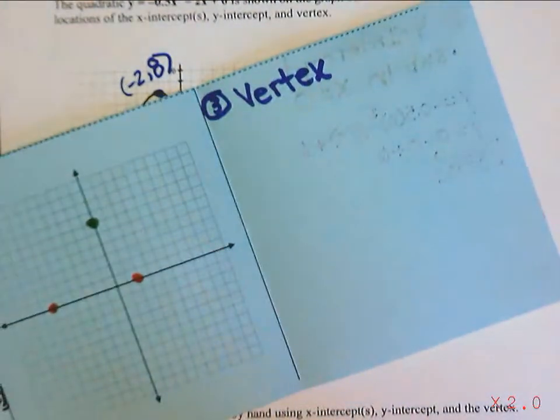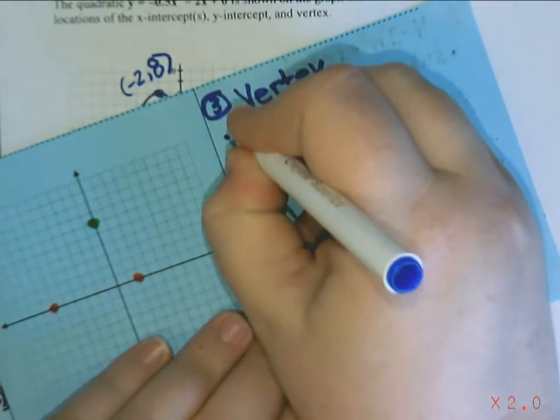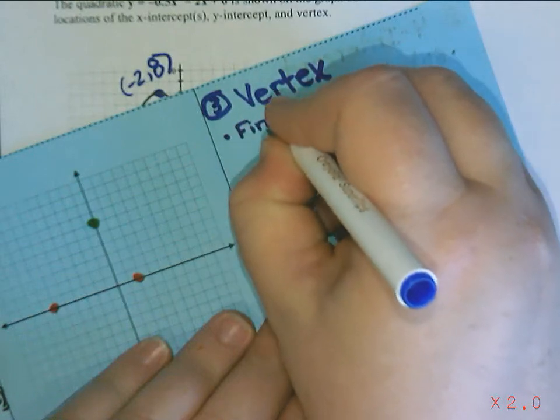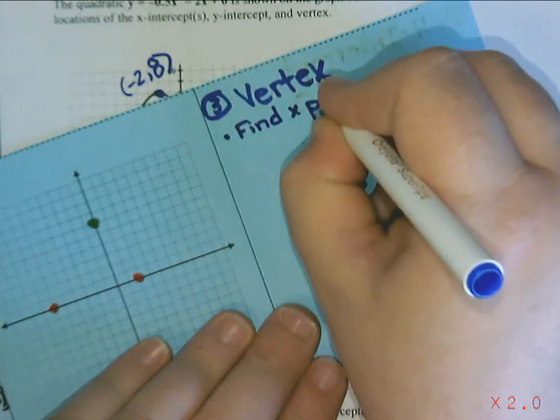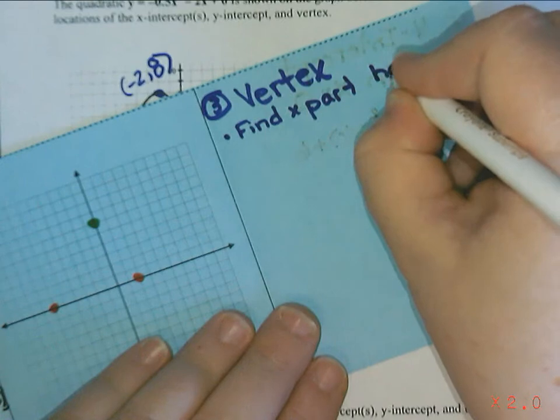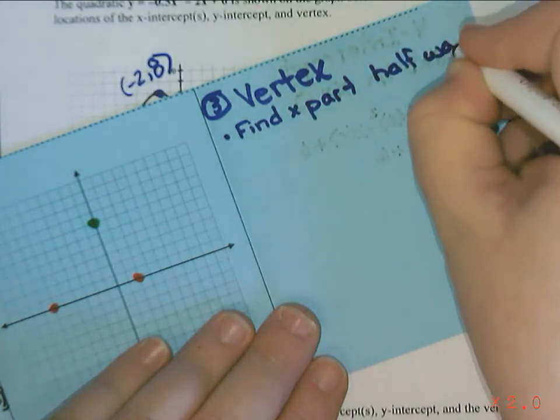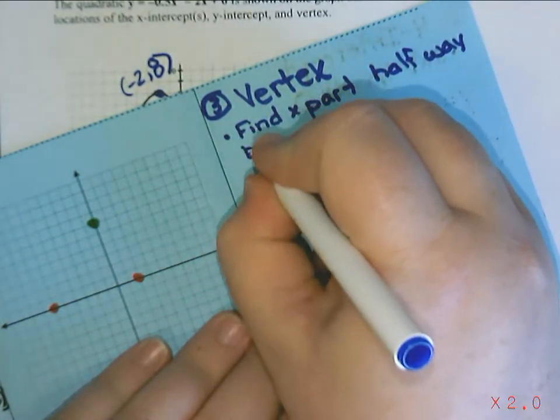So I'm just going to make a little note in here. So you're going to find the x part halfway between the x-intercepts.